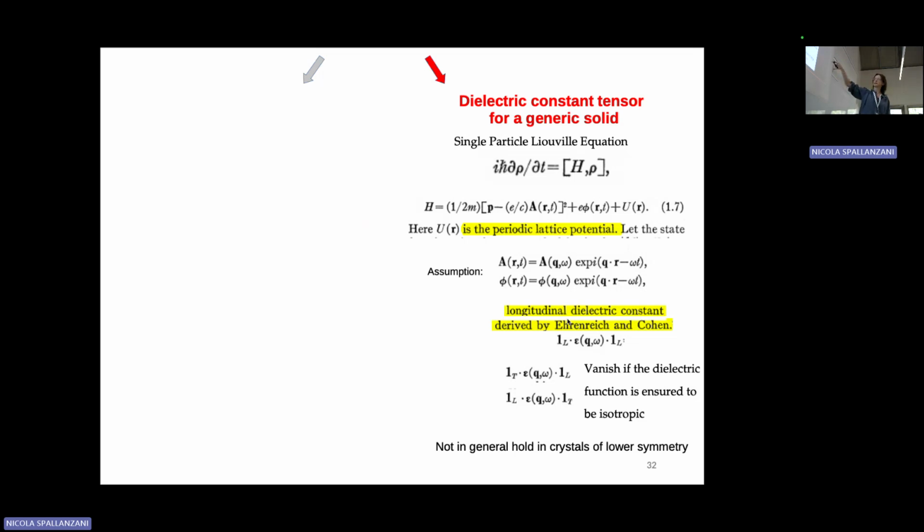Then he also calculates the off-diagonal components, claiming that they vanish if the electric function is assumed to be isotropic. I think that is not in general true for crystals of lower symmetry.